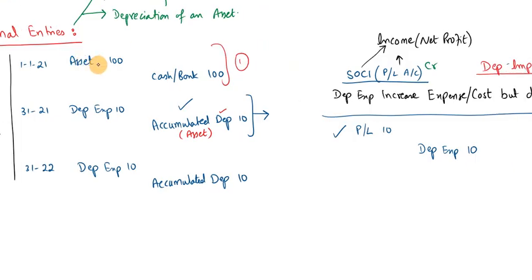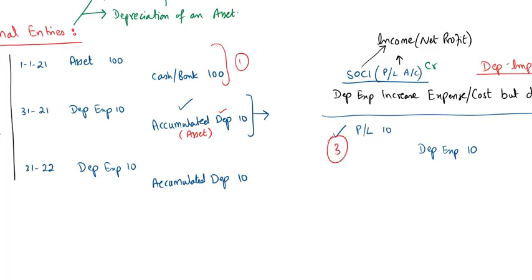So this is the first entry which will be recorded on the statement of financial position by adjusting the depreciation, or this entry will be passed to the statement of comprehensive income. You can see the entry number 3.